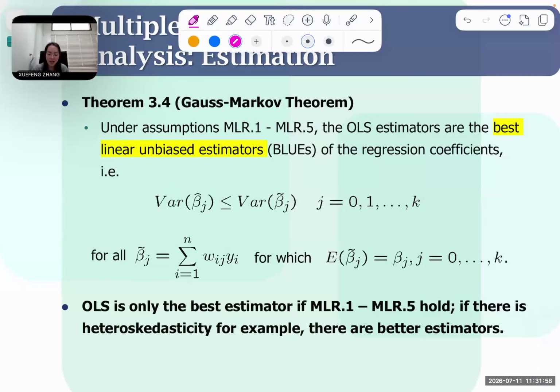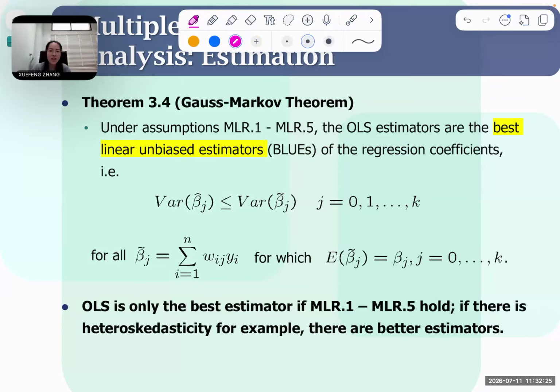Here is the actual theorem, and it's a beautiful result. Theorem 3.4, Gauss-Markov theorem: under assumption 1 to 5, the OLS estimators are the best linear unbiased estimators, which is BLUE, of the regression coefficients.